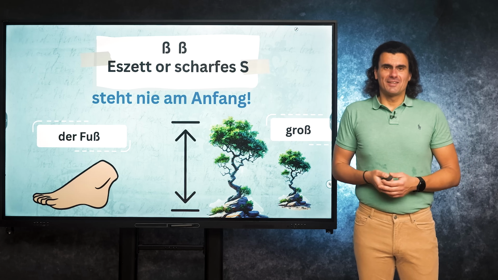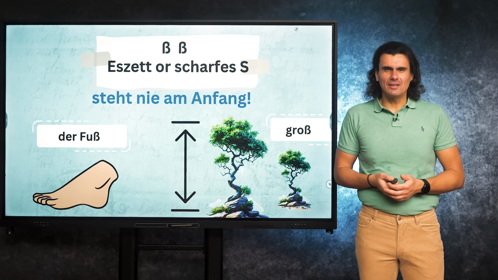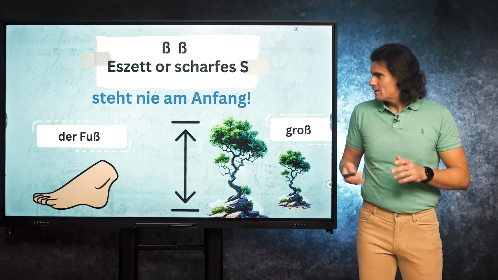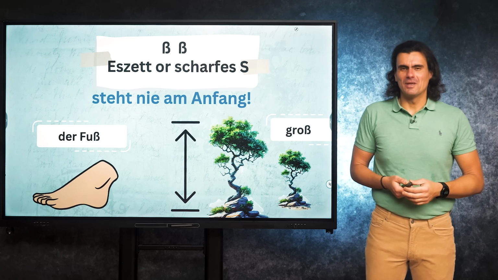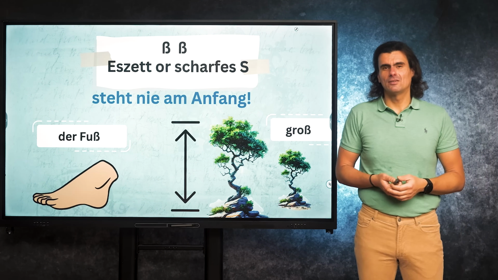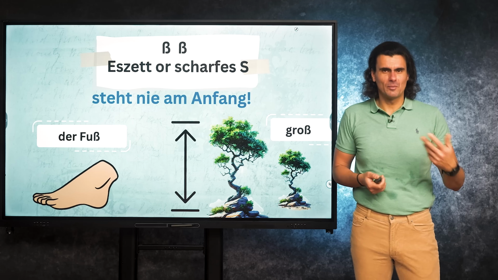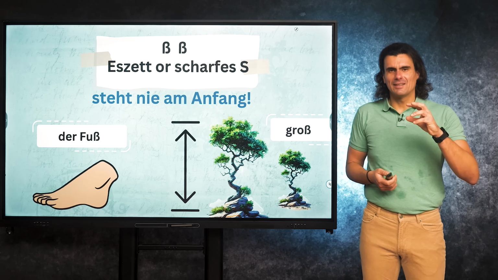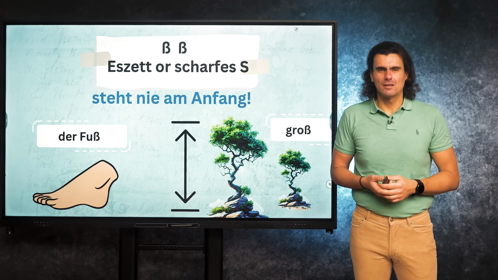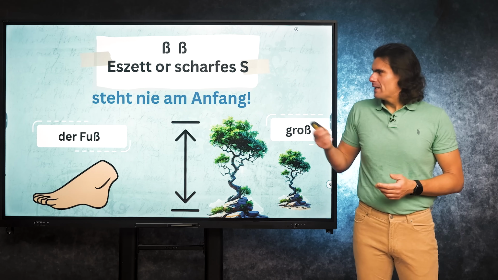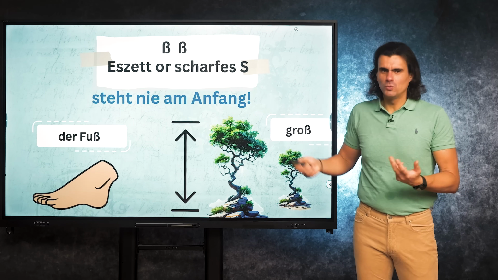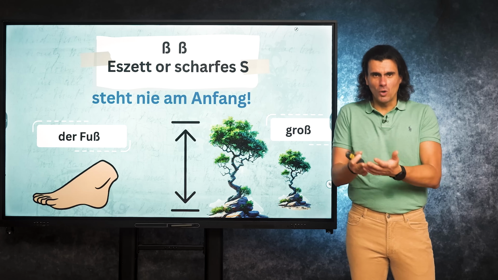Last but not least, we have a very strange letter which, as we can see here, steht nie am Anfang, which means it never stands at the beginning, and it is always S by pronunciation. It's never Z. In German, there are two different ways to call this letter.